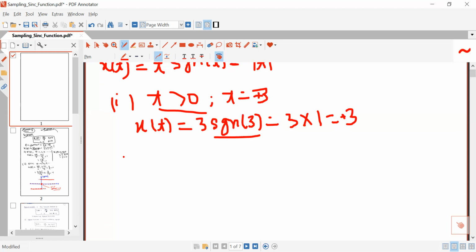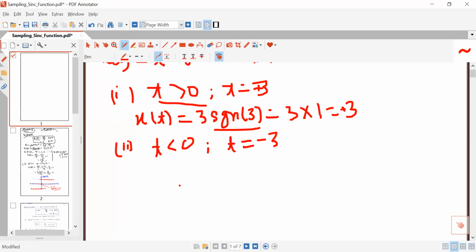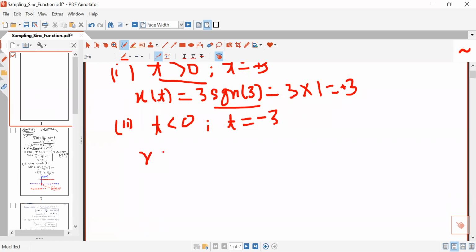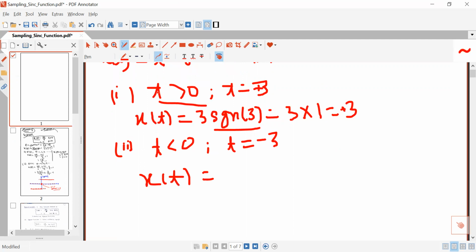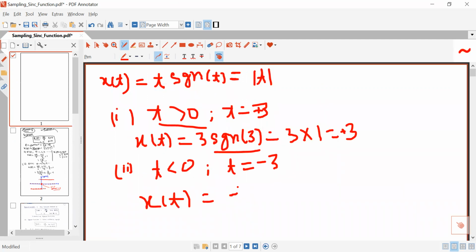Now let us consider the second case. What will happen when t is less than 0? For example, if t is -3, what you will get? In this case, your x(t) will be -3 into signum of -3.